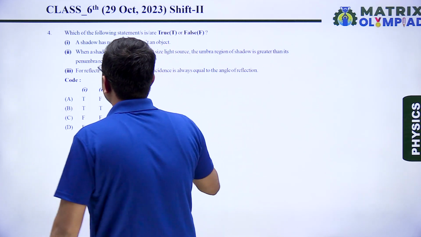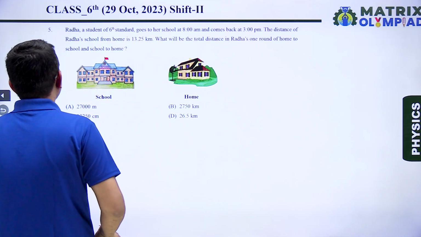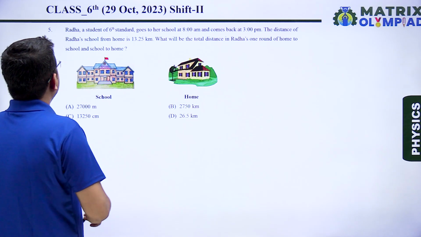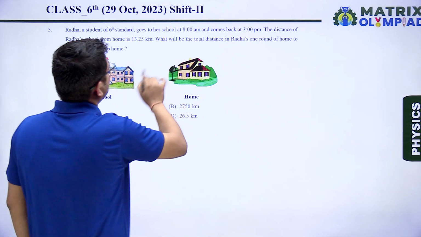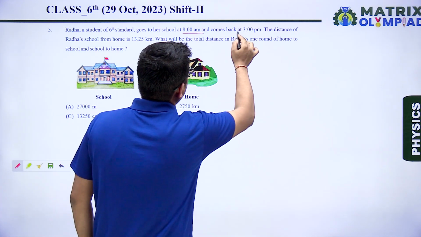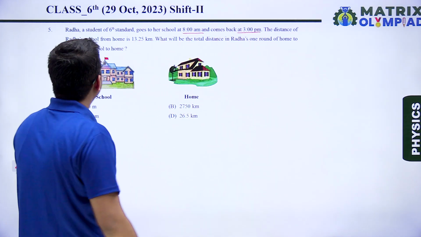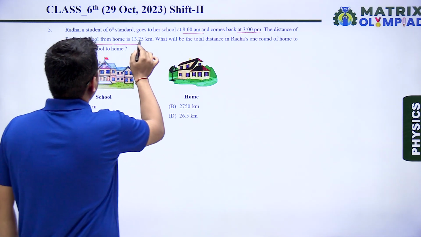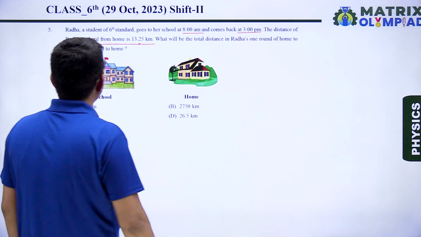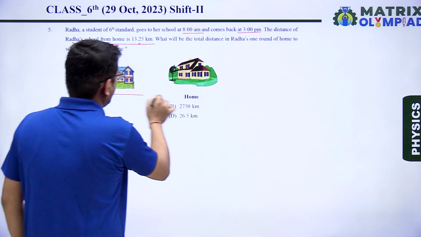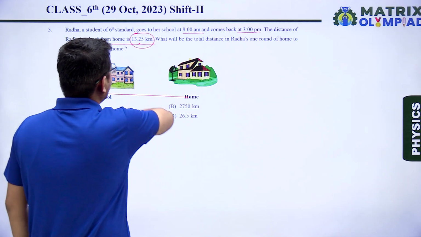Next question, question number 5. In question number 5, there is a diagram given and it is said Radha, a student of 6th standard, goes to her school at 8 a.m. and comes back to home at 3 p.m. The distance of Radha's school from home is 13.25 kilometers.